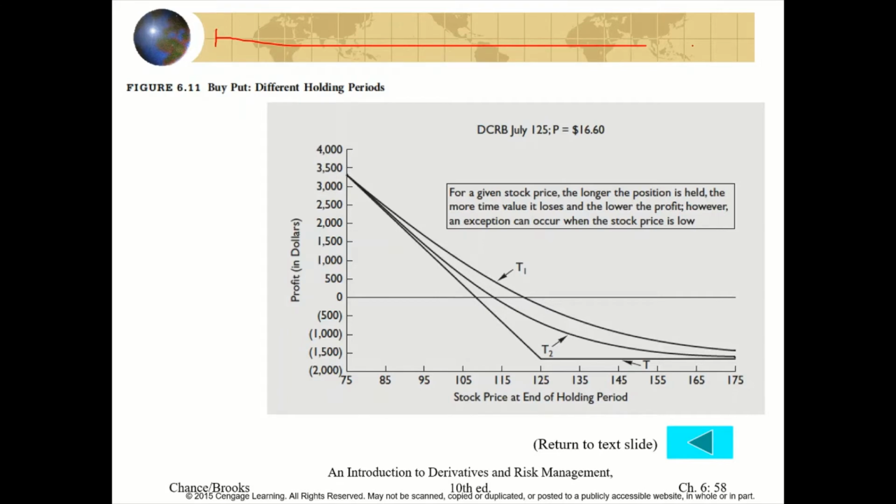We need to look at the effect of keeping the option for different holding periods. Time T is the longest, the time to expiration. Time T2 is in between time T1 and time T. Again, time T1 is lower than time T2, which is lower than time T.